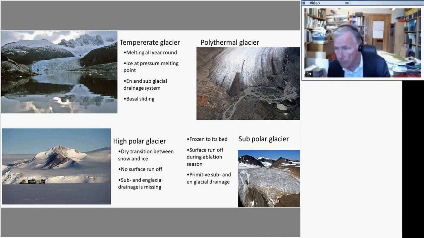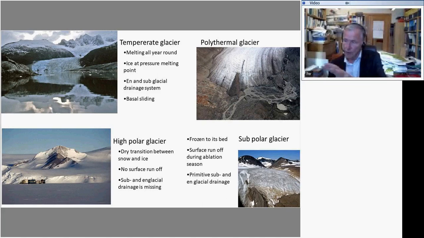There may be some subglacial drainage if the glacier is so thick that it reaches the melting point at the bed. The other version of polar glaciers are the subpolar glaciers. They're frozen to the bed. There is surface runoff during the ablation season, and they have a rather primitive sub- and englacial drainage.